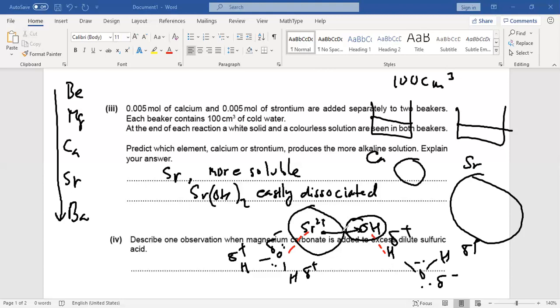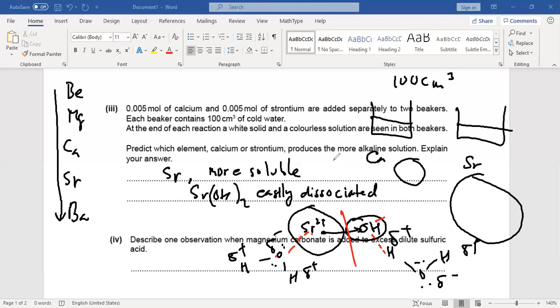Because the size of Sr and OH are different, meaning Sr is larger than OH, it makes the bonding between Sr and OH weaker. Then when you add to water, it's very easy for water to establish this dipole negative and ion positive of Sr bonding. So when you have dipole negative and ion bonding, it's very easy to split them away.